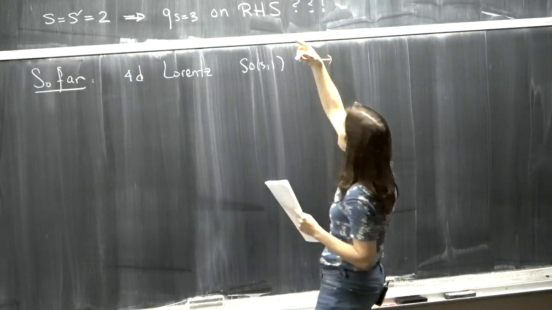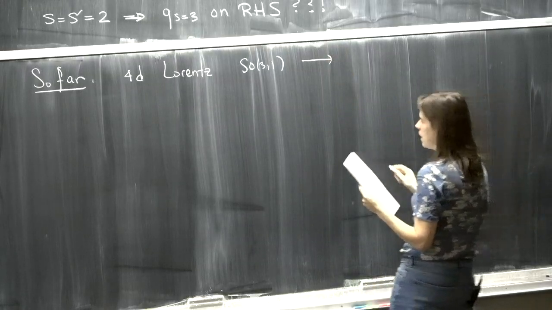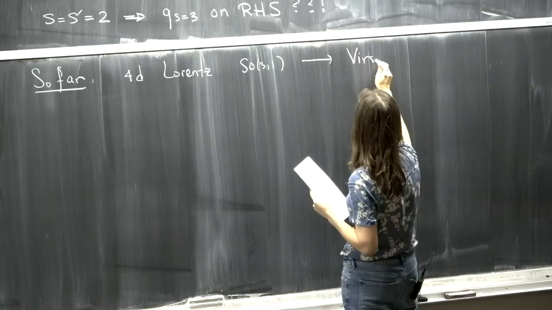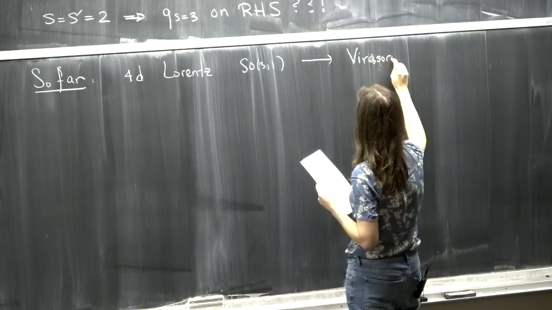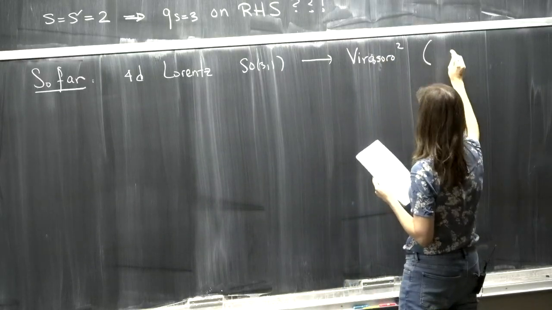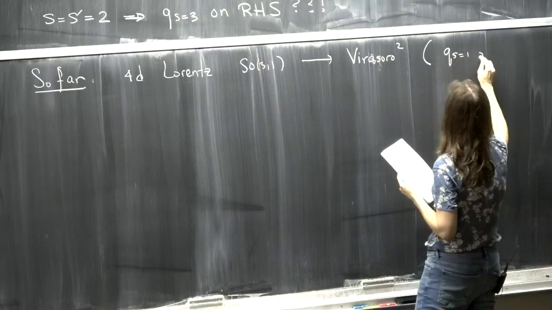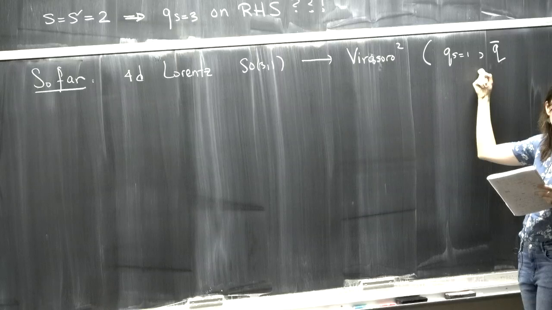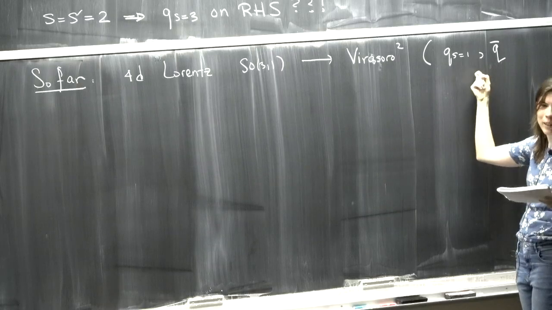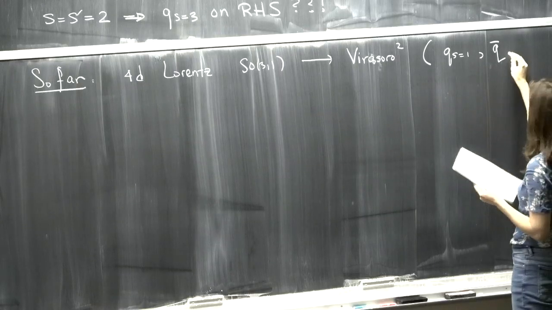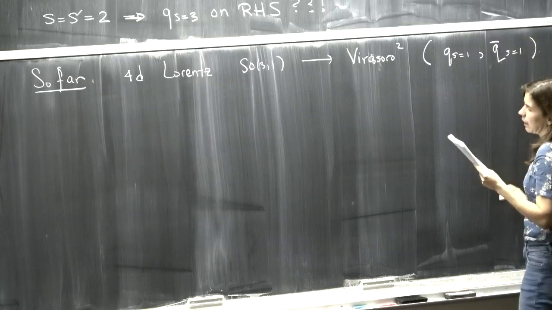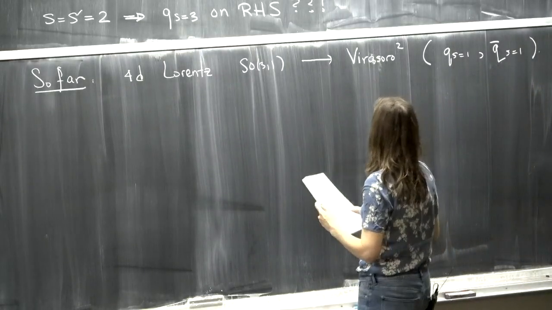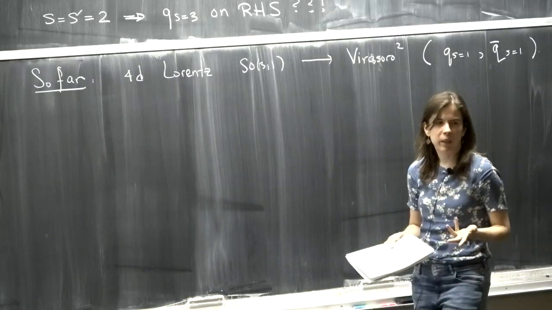And through these commutators of these charges, we have seen that actually the symmetry is enhanced to 2 copies of the Virasoro, generated by Q_S equal to 1, and also these other Q bar charges. We haven't introduced them before, but we said that they exist because there is a ZZ and Z bar component. So this is a subalgebra inside this extended BMS algebra.